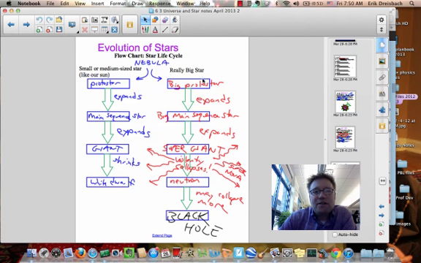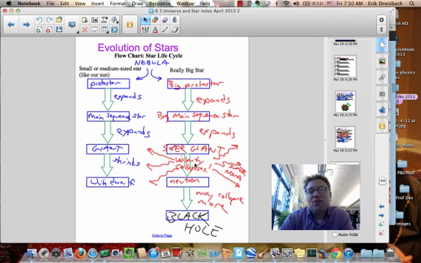You could also have a big star life cycle, where you have a big protostar, it expands and becomes a big main sequence star. It expands even more and becomes a big supergiant, but then all of a sudden, gravity takes over and boom, it collapses in on itself. When it happens, it releases a lot of energy. This is called a supernova.